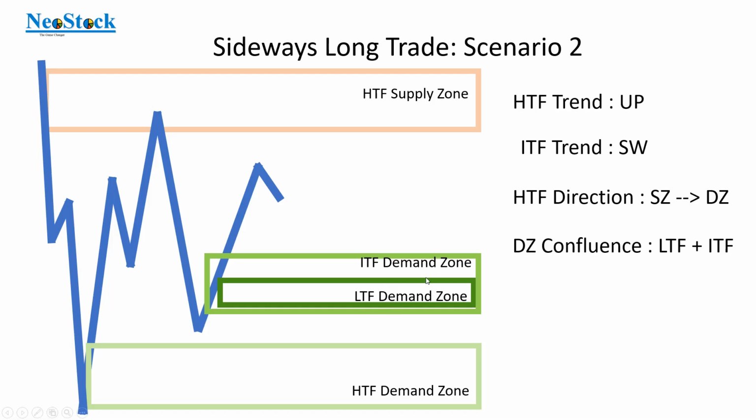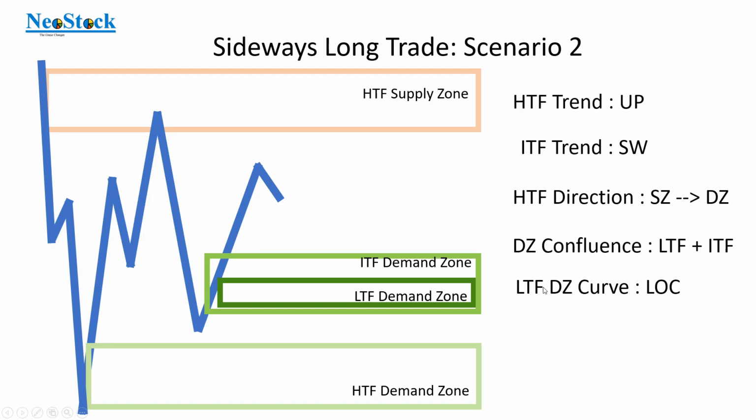This scenario is different because price direction is from HTF supply zone to HTF demand zone. In this scenario, you should plan your trade only at low on the curve. The LTF demand zone curve must be low on the curve.